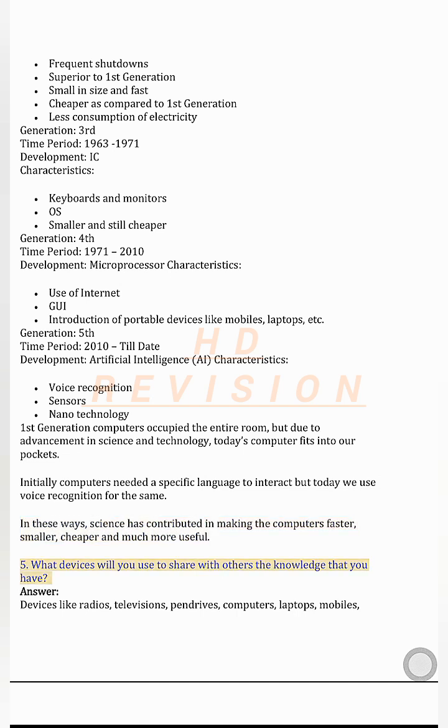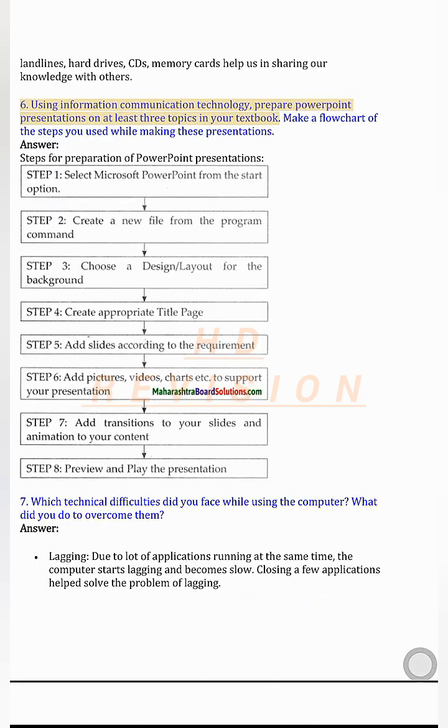What devices will you use to share with others the knowledge that you have? Answer. Devices like radios, televisions, pen drives, computers, laptops, mobiles, landlines, hard drives, CDs, memory cards help us in sharing our knowledge with others.